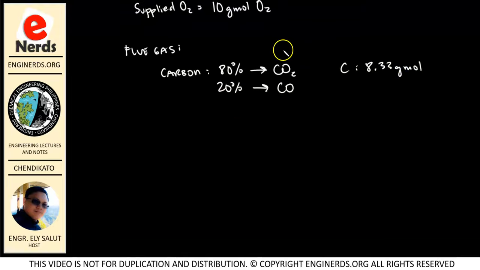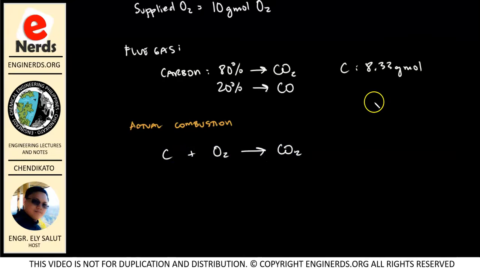So, therefore, para makuha natin kung gaano karami yung na-convert to CO2 and CO, then, tignan natin yung chemical reaction natin, no? So, therefore, kunin natin yung actual combustion. So, sa actual combustion natin, our carbon will react to O2 to form CO2. 80% ng carbon is naging CO2, diba? So, therefore, our carbon here is 8.33 times 0.8.